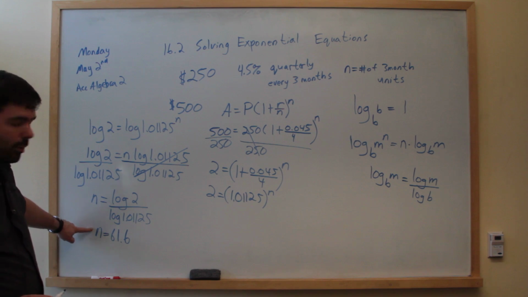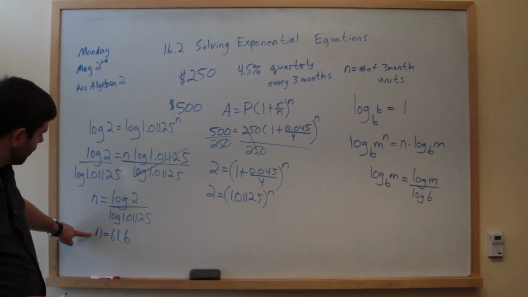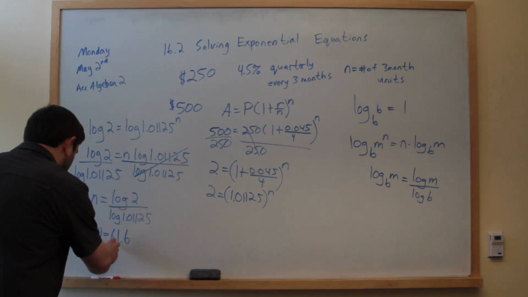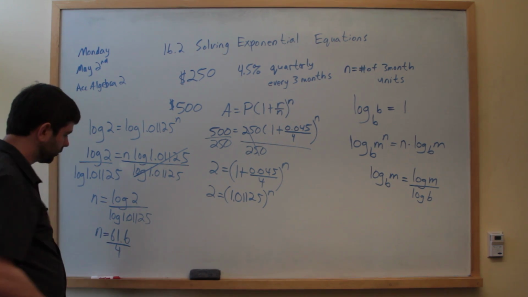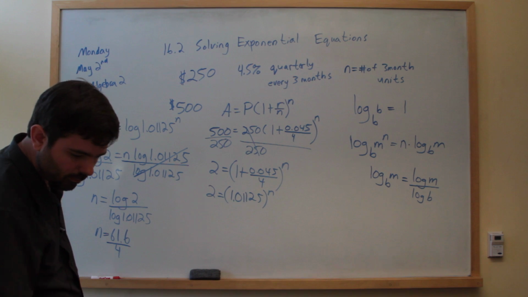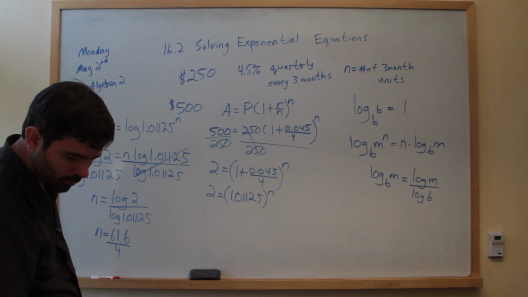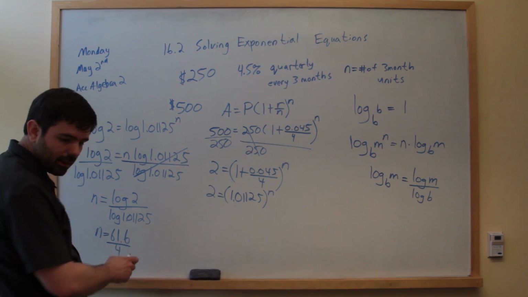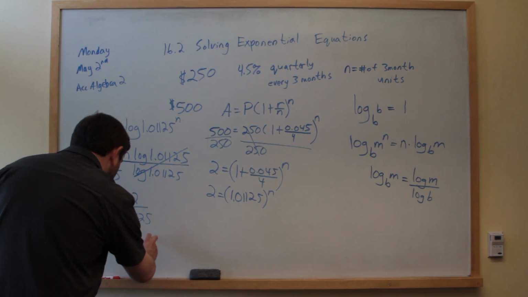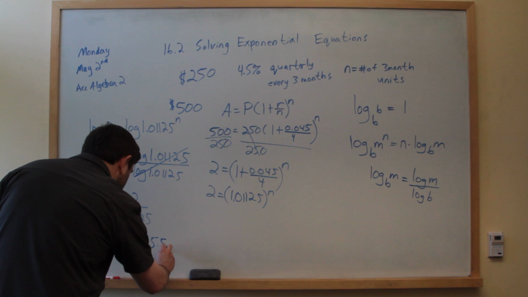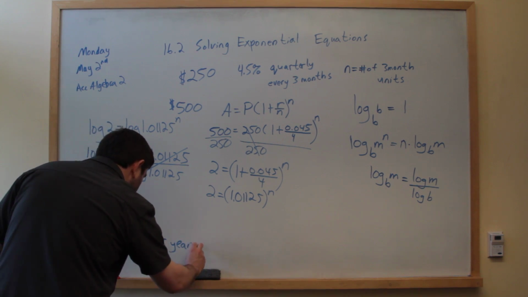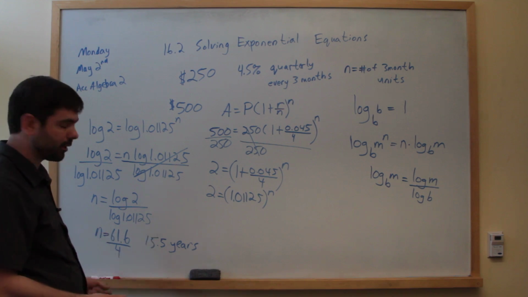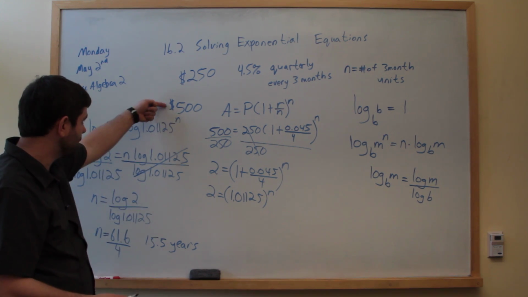If we wanted to find out how many years this would be, well, we would just divide this by 4. So why don't we do that? And we see we get about 15.5 years. Oftentimes problems will ask you, after how many years will your value reach what you want?